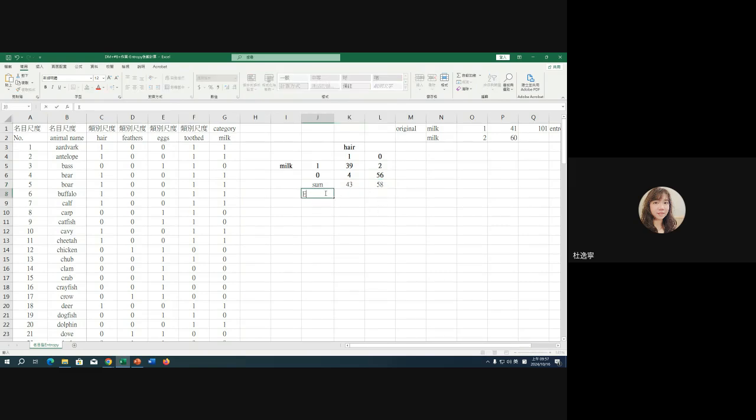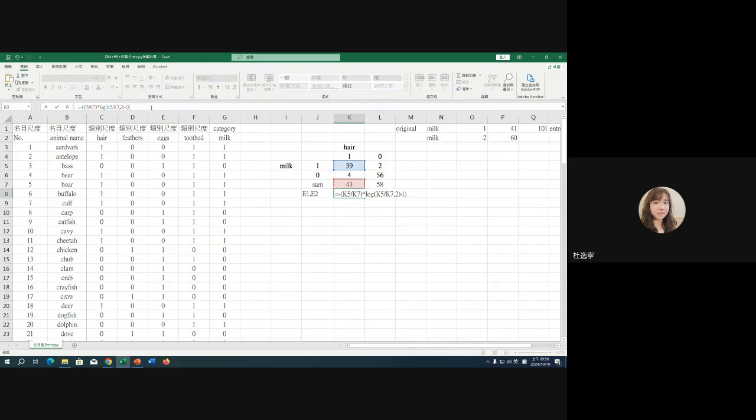Okay, so entropy 1 and entropy 2. So this is entropy 1 first. Minus, right? 39 divided by 43 and multiply log of 39 divided by 43, and base is 2.